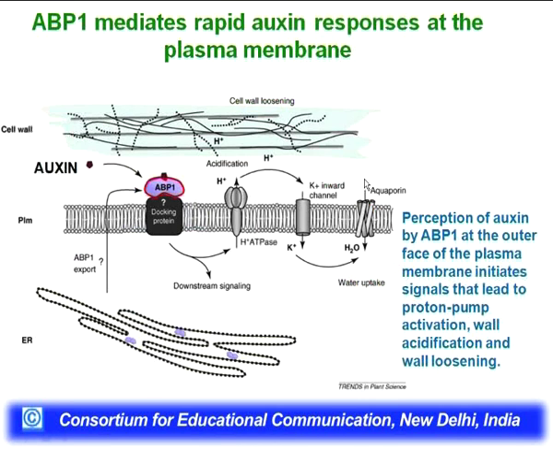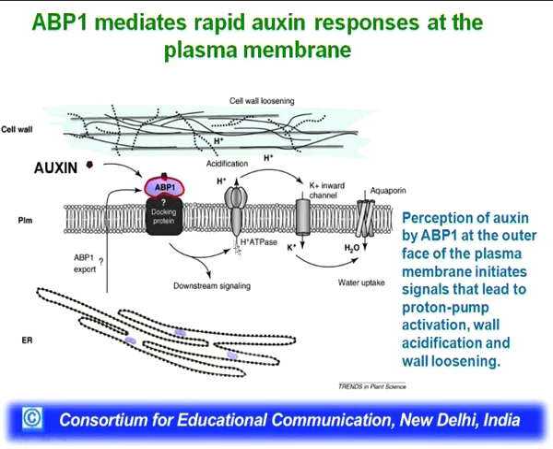Now, this is a cartoon where you can see this is the plasma membrane of the cell, and there is a receptor ABP1. This ABP1 protein is synthesized in the ER, gets transported and is present in the plasma membrane. Now, when auxin binds, this helps in proton pump activation. So, there is a proton pump which gets activated. So, ABP1 can activate a proton pump.